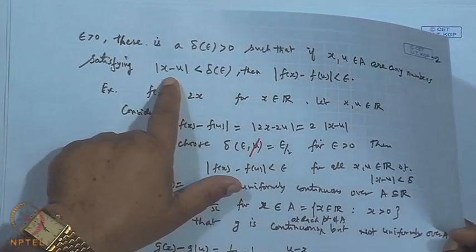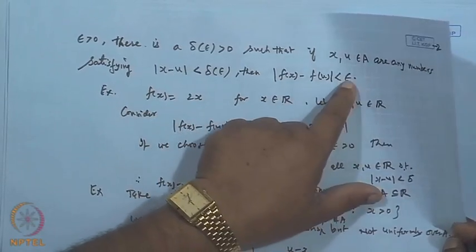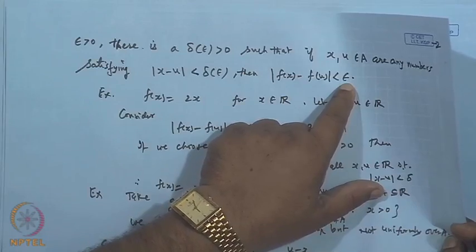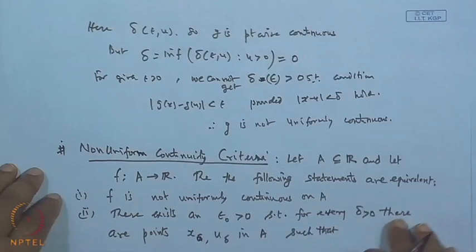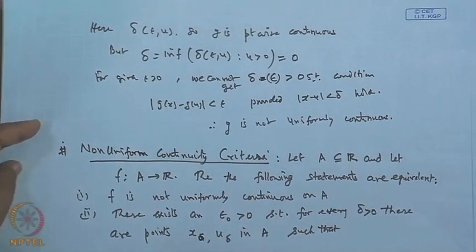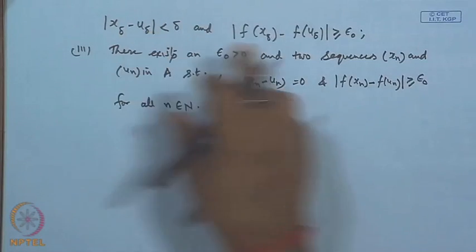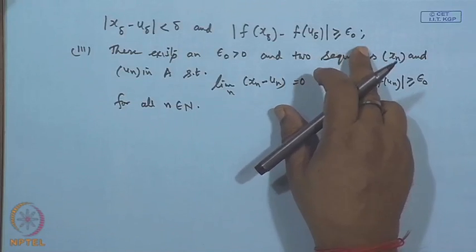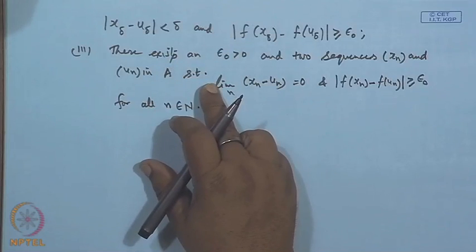If we choose the points in the delta neighborhood, the fluctuation of the images may not be less than epsilon; it can exceed some number epsilon naught. So, that is why it says that if f is not uniformly continuous, then there exists an epsilon naught such that whenever the points x and u are in the delta neighborhood, the corresponding images exceed that bound epsilon naught. This is in the Cauchy definition.